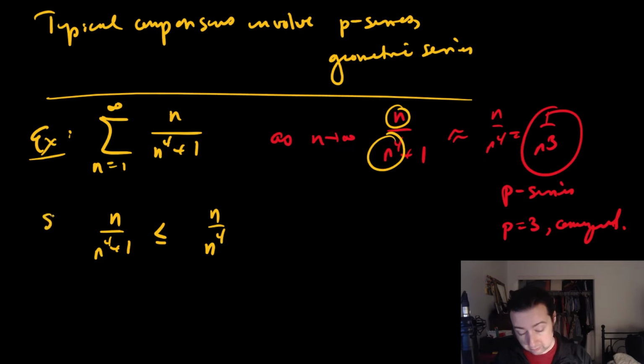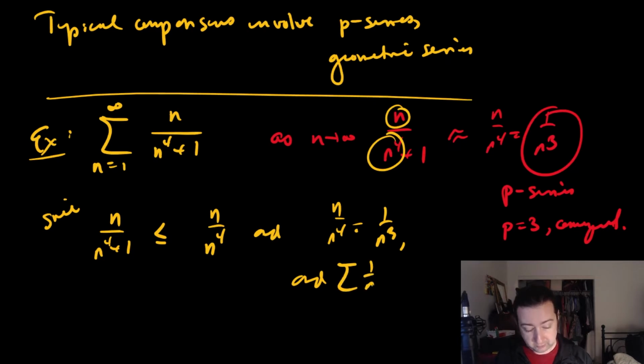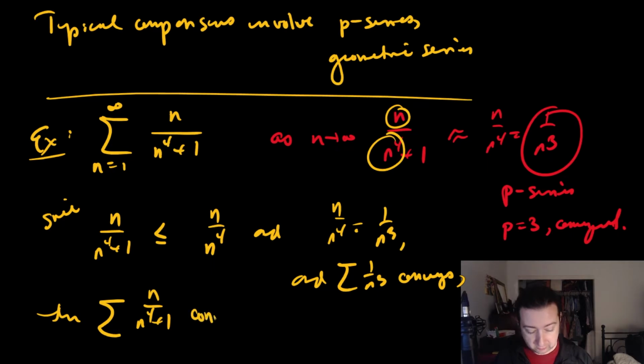Since this is true, and n over n to the fourth is 1 over n to the third, and the sum of 1 over n to the third converges, then the sum of n over n to the fourth plus 1 converges by comparison.